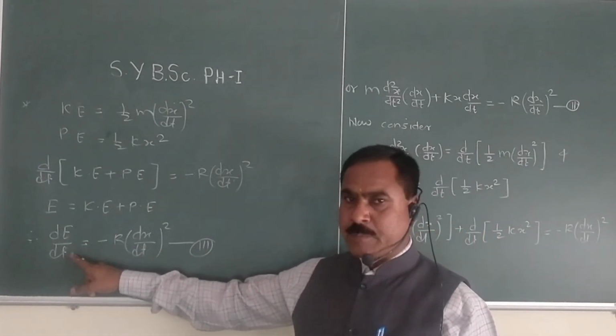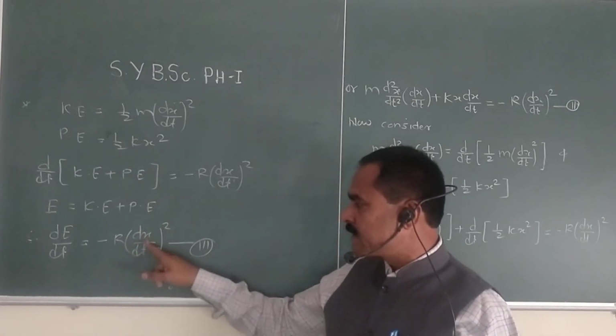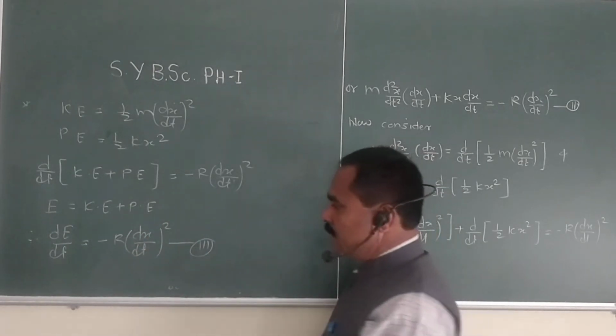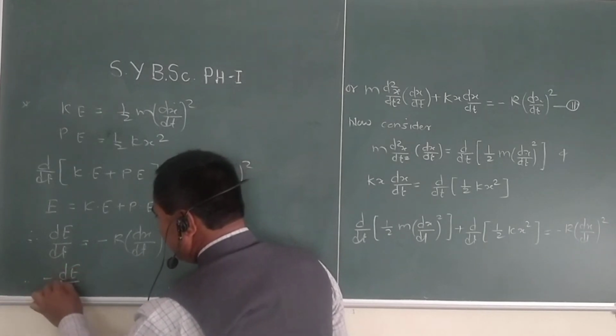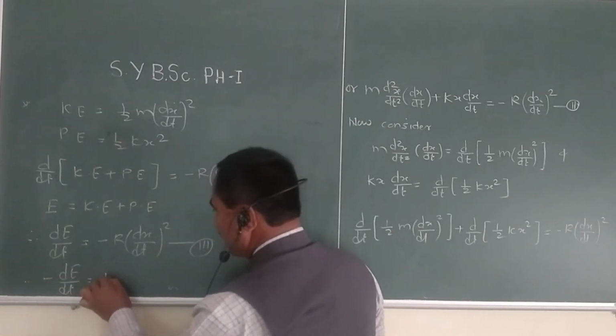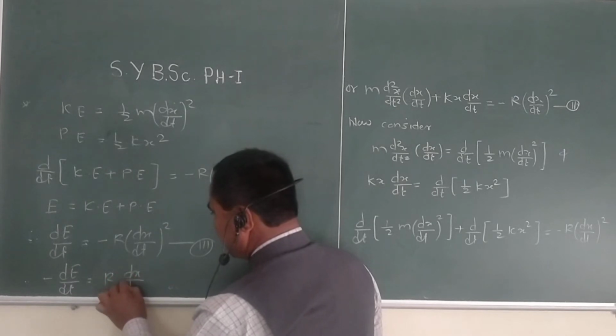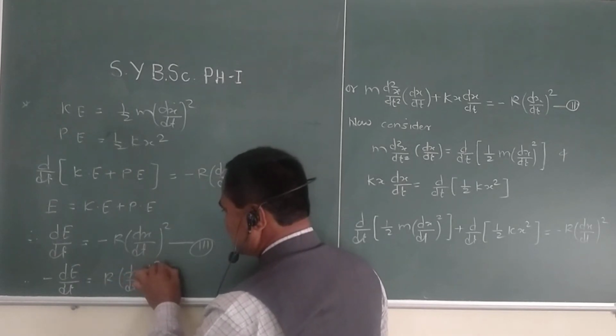Here E is the total energy, and dE/dt means the rate of dissipation of energy. Rate of dissipation of energy equals minus r (dx by dt) whole square. Therefore, we write minus dE/dt equal to r (dx by dt) whole square.